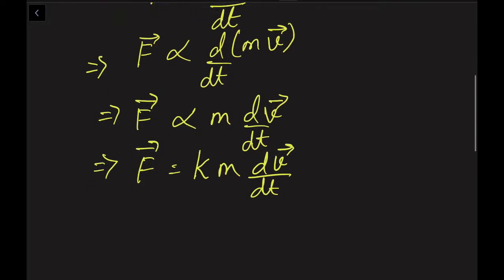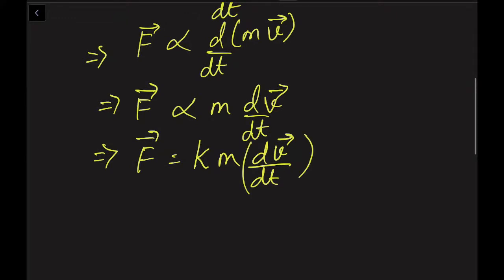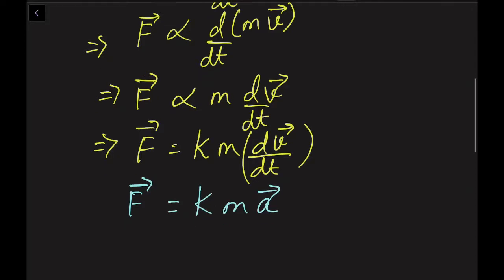dv/dt is your rate of change of velocity. This is nothing but your acceleration. So force is equal to k times mass into acceleration.